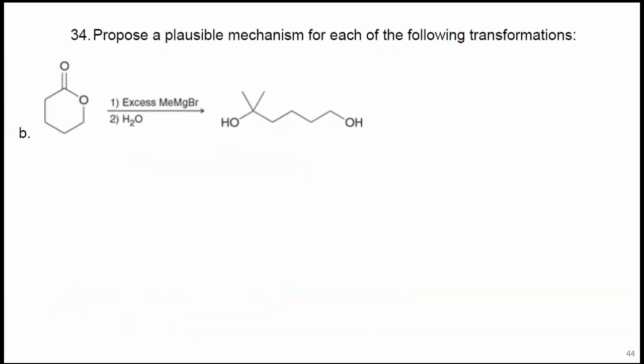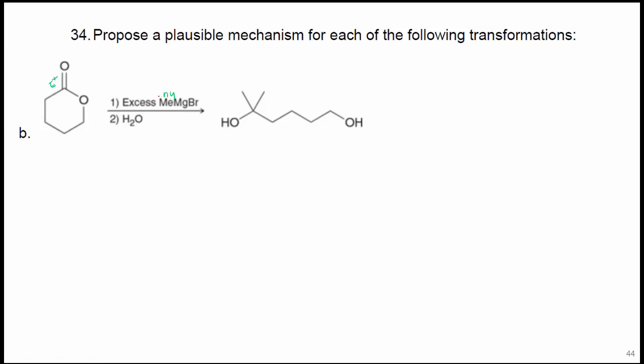All right, we have a mechanism question next. This is a mechanism for the Grignard reagent reacting with an ester. We kind of saw one of these mechanisms a little bit earlier today. This one has excess methyl magnesium bromide. This is our nucleophile. Here's our electrophile.